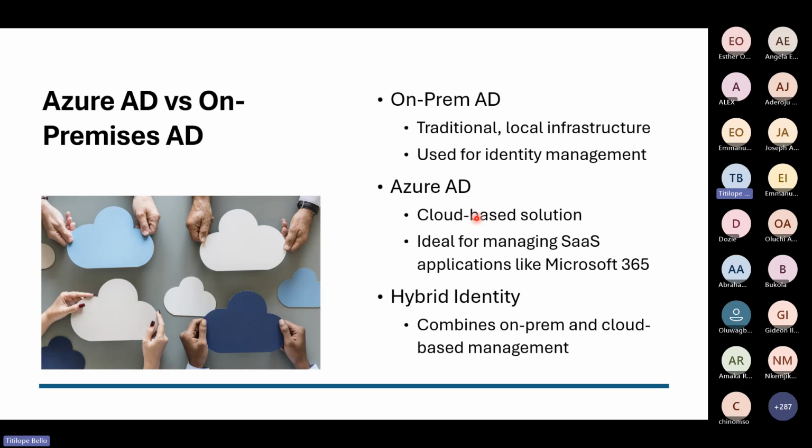So now let's quickly talk about Azure AD versus on-premise Active Directory. I think I've been saying quite a lot about them. Starting with your on-premise Active Directory, it is the traditional directory service or identity platform that is developed by Microsoft.